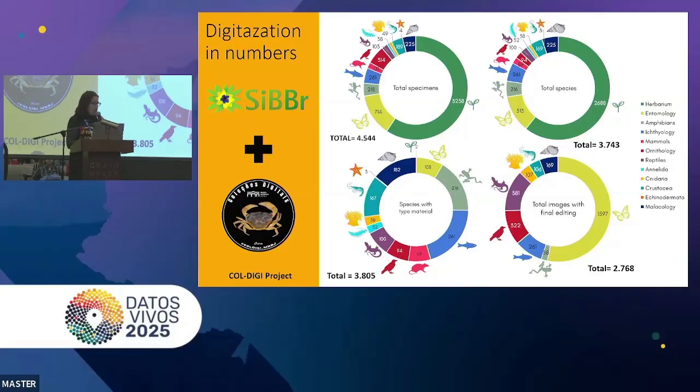Botanic is much easier as it is 2D, and we actually have much more digitized. This is just the information from this project, and for the type material, we got these 3,800 species from all these groups already done, and we are editing what was done in the past in CBBR.